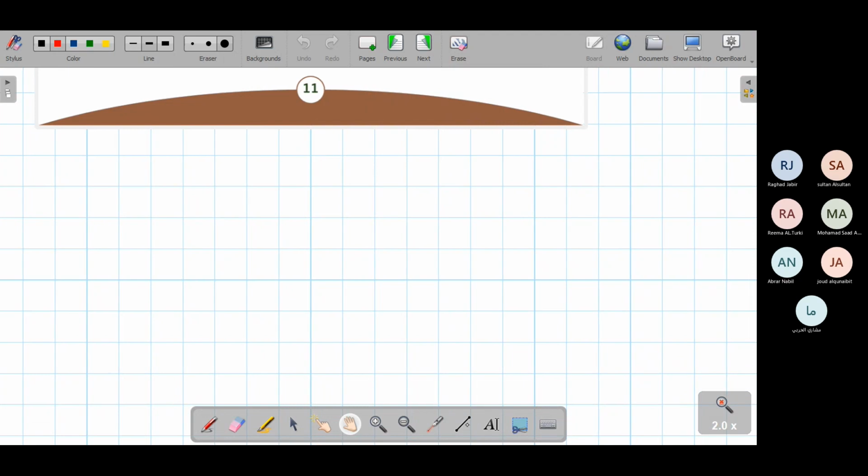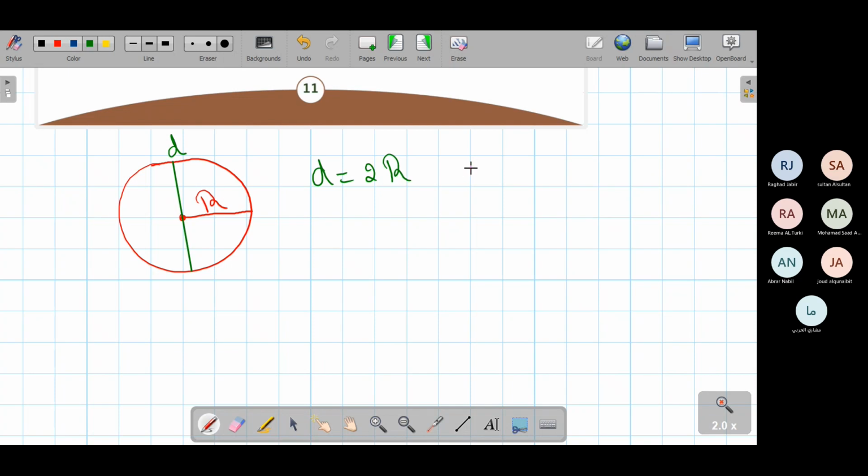For any circle, we call this part the radius. And that one, the diameter. D is equal to 2R, or we say that R equals D over 2.